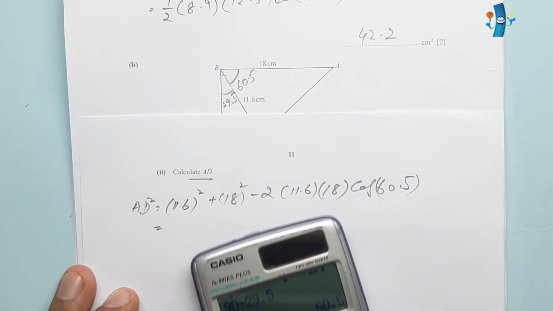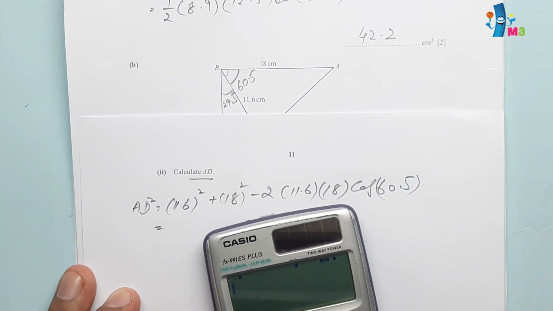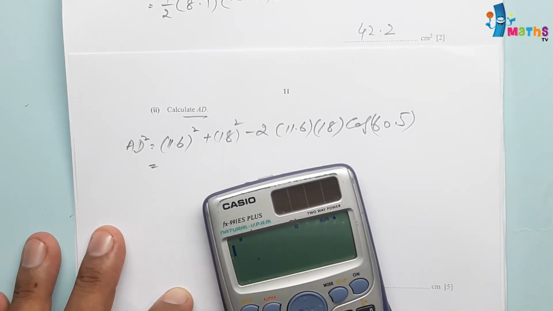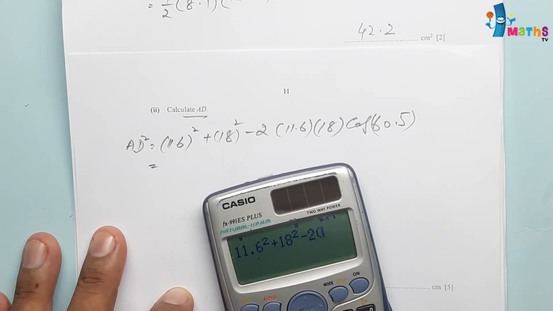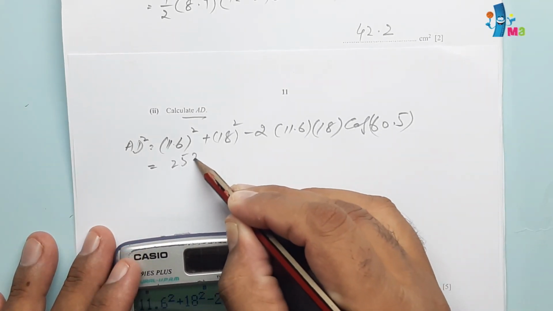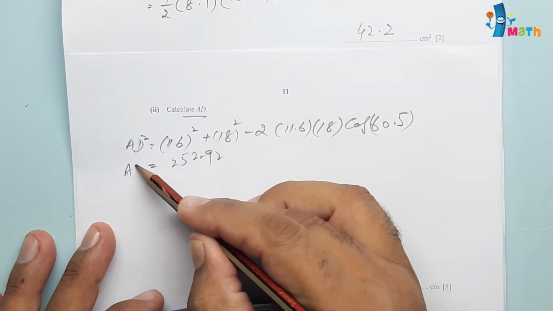Now if we calculate by the calculator, it will be 11.6 squared plus 18 squared minus 2 into 11.6 into 18 into cos of 60.5. So this will be equal to 252.92. This will be AD square.